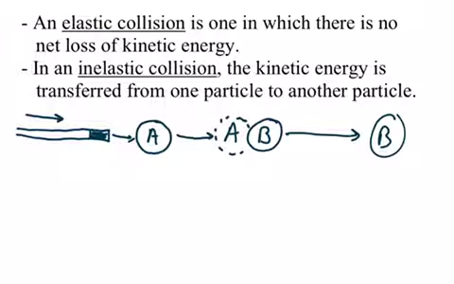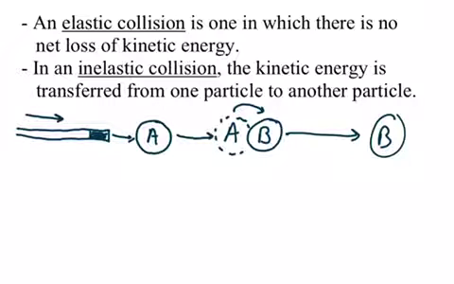What just happened is whatever kinetic energy ball A had, it transferred that kinetic energy to ball B. Ball A is either going to slow down or stop completely. Let's say it stopped completely. And ball B will accept whatever that kinetic energy was. It will get transferred from A to B, and then B will then move a certain distance. Now, the collision that I just described, where kinetic energy is transferred from one particle to another, is called an inelastic collision. Gases do not do this.